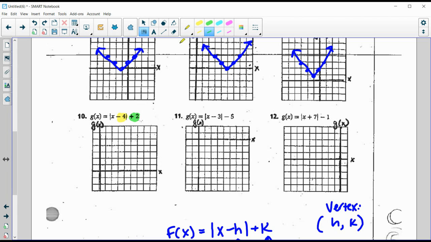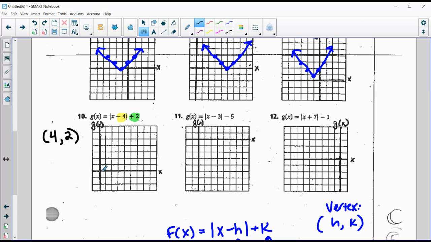And for k, it says +2, so that means my y coordinate of the vertex is going to be +2. So I do opposite of h, comma k. So I do opposite of what I see in the equation, but I keep the k value the same.